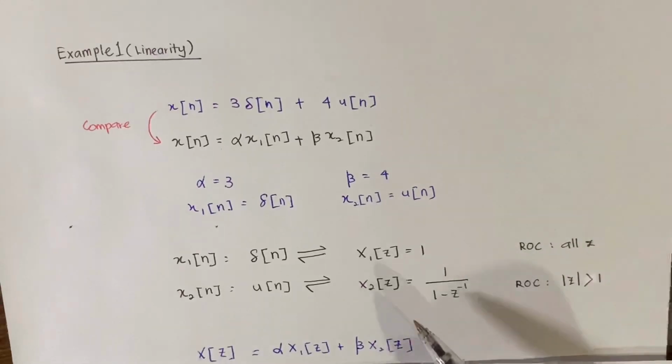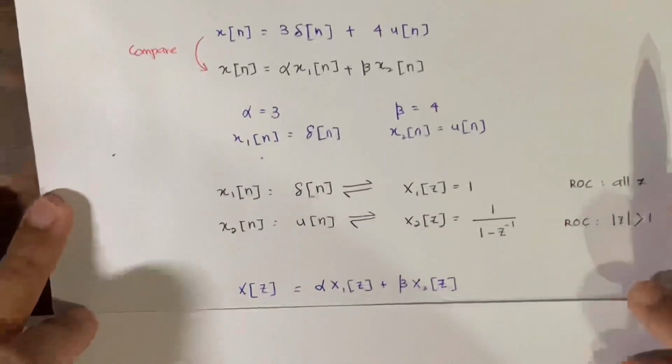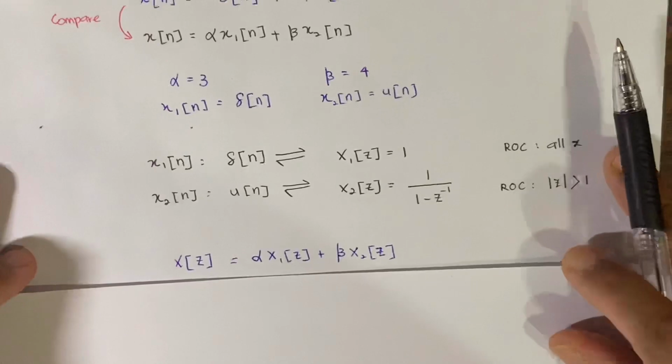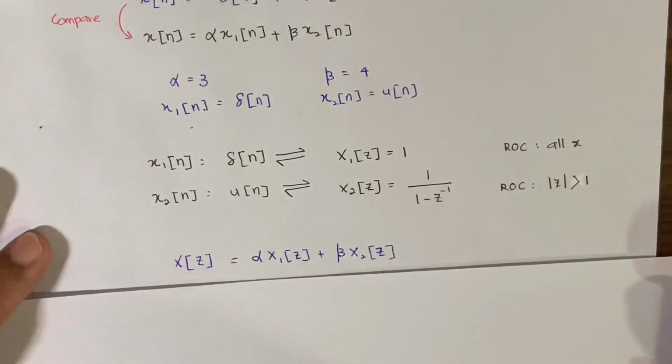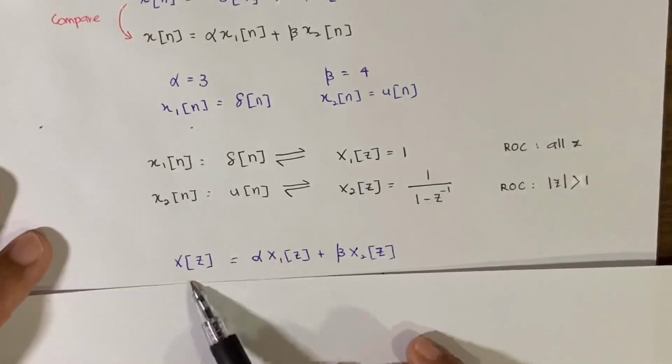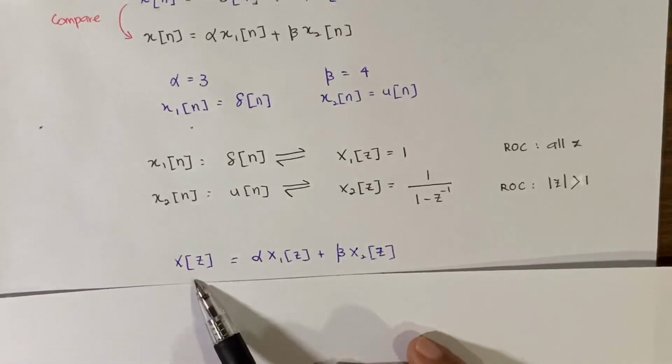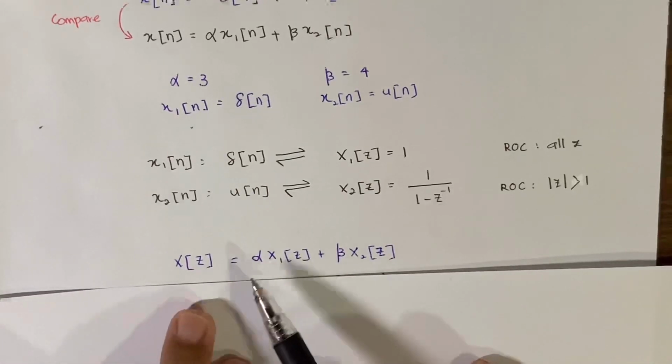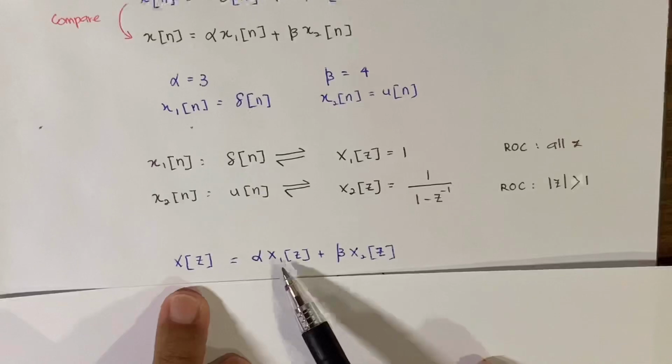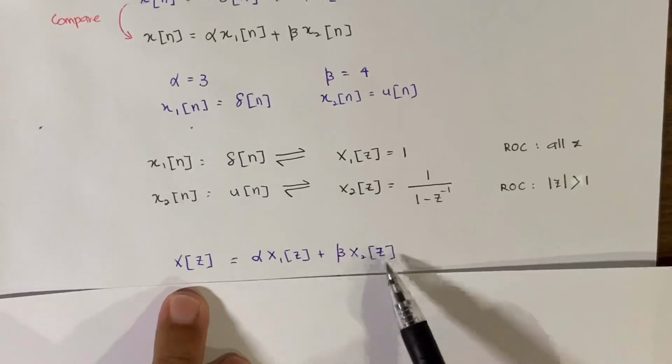Then we need to apply the Z transform equation, which is alpha X1(z) plus beta X2(z).